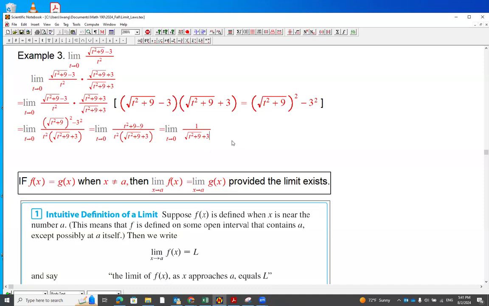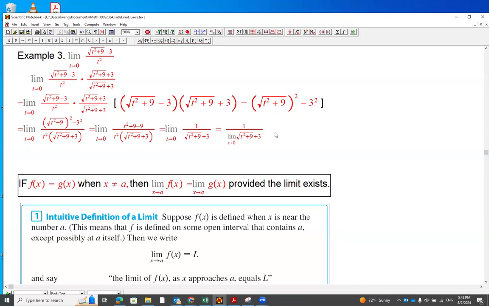According to the laws of limits, we can do direct substitution. Even though this is not a rational function, each individual piece has a limit that exists. The limit of the top exists, it's constant. The limit of the bottom exists and it is not 0. This time we can apply the limit law, which is the limit of 1 is 1, and for the denominator, we can apply the quotient law.